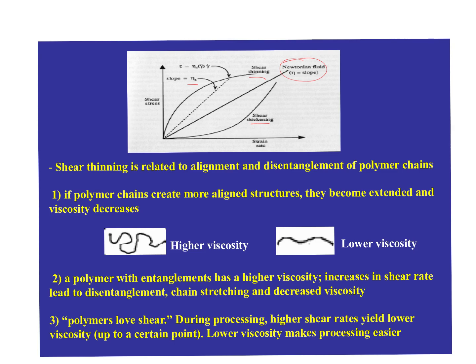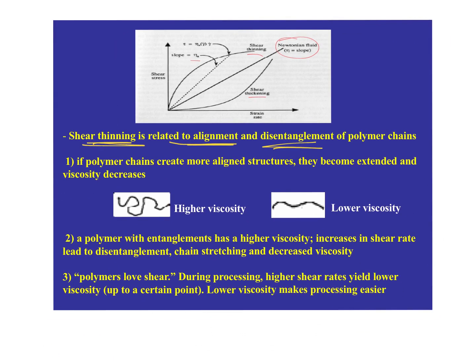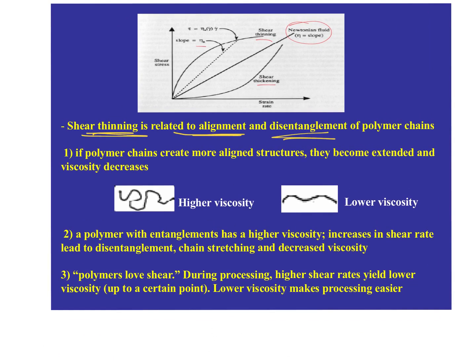And it's important to note that shear thinning is related to the alignment and disentanglement of polymer chains. If we have these polymer chains in these structures, the question becomes how entangled are they and what happens when we apply stress to them.